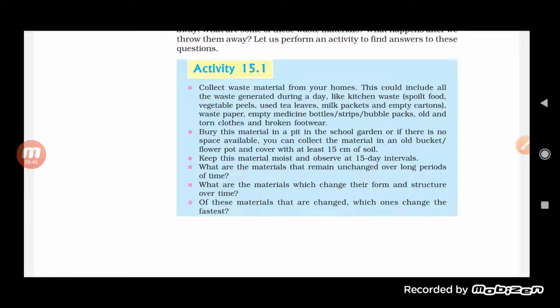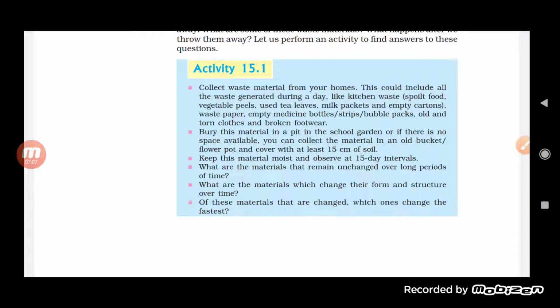But there are materials which remain unchanged, like a medicine bottle or strip, or the milk packets. These are made up of plastic or glass. That is why they are not going to get converted and they will remain unchanged.